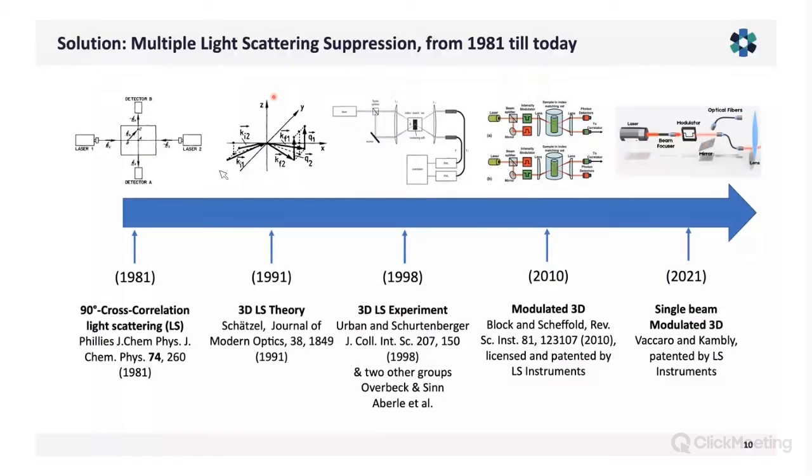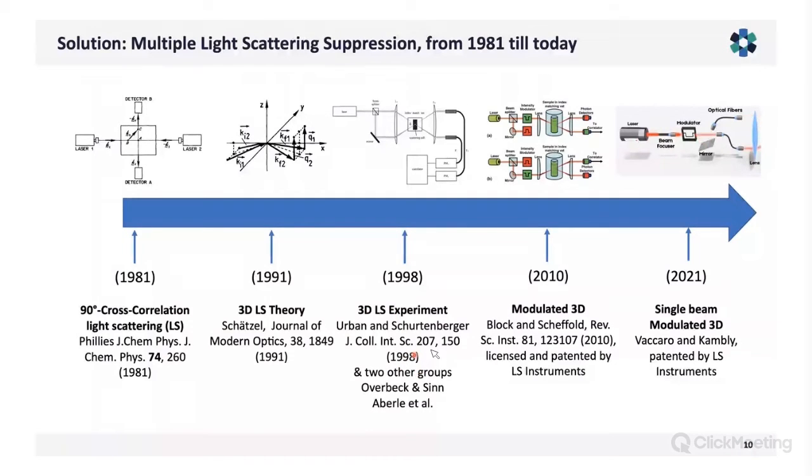Then in 1991, Klaus Schätzl proposed what we now call 3D cross-correlation dynamic light scattering, theoretically, but it was not implemented experimentally. And then in 1998, three groups, among those the group of Peter Schottenberger with Klaus Urban at the time, realized the first 3D light scattering apparatus together with two other groups in Germany.